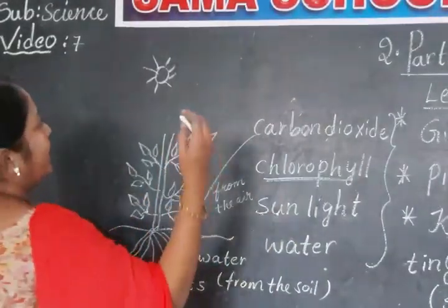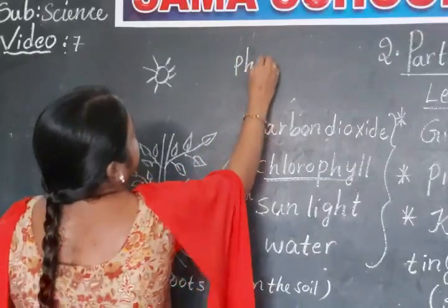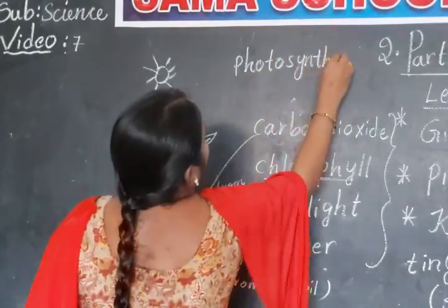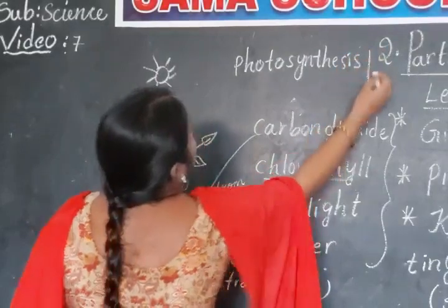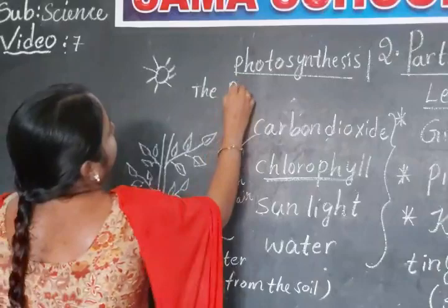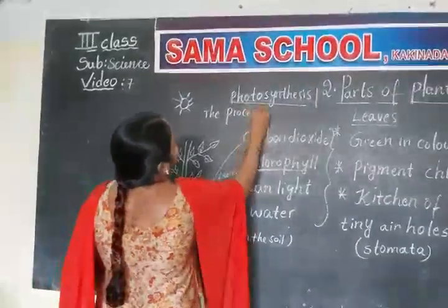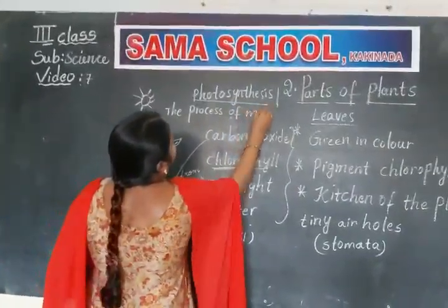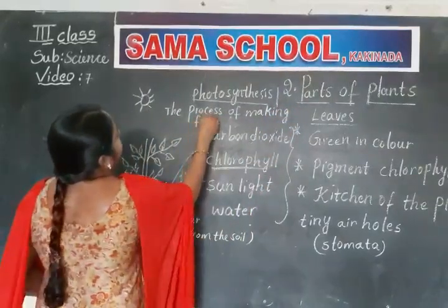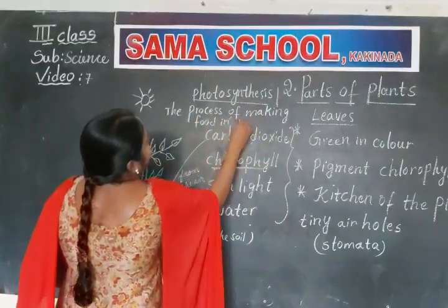That process we call photosynthesis. Photosynthesis means the process of making food in plants.